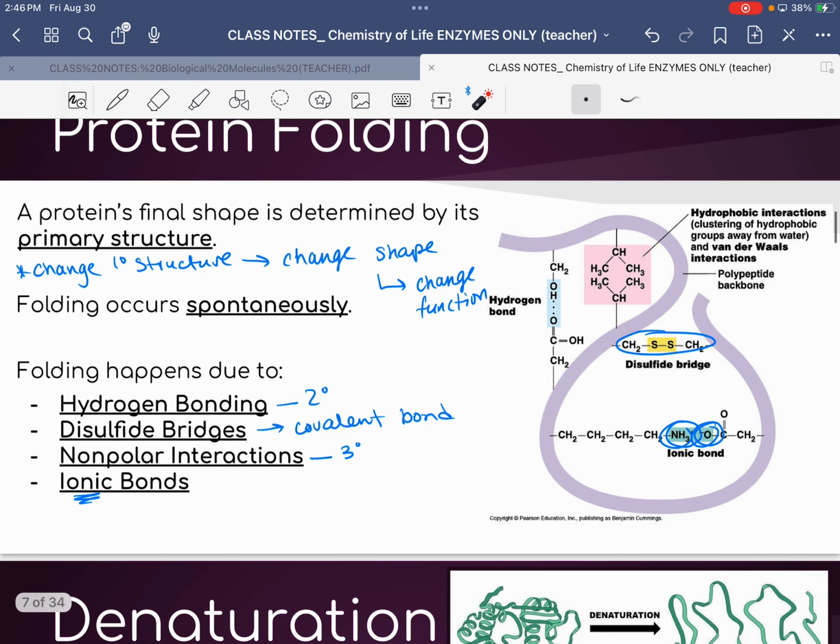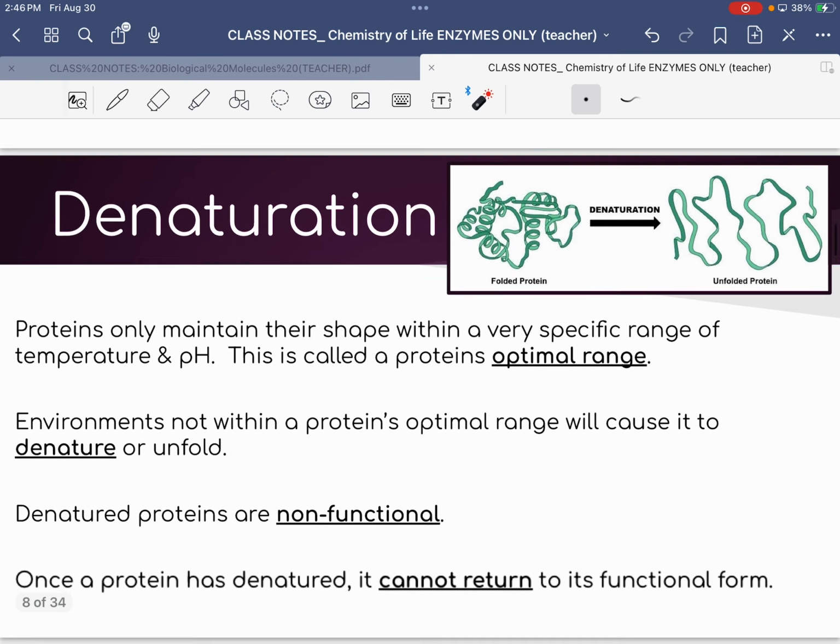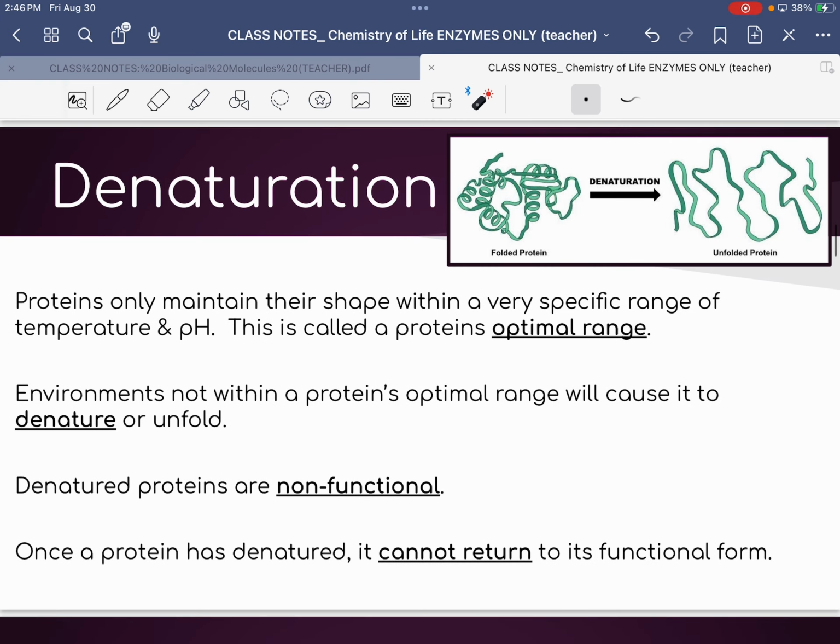And so if we mess with these bonds, either the hydrogen bonding or the hydrophobic interactions or the disulfide bridges or the ionic bonds, then what can happen is something called denaturation, which really is just a fancy way of saying unfolding.